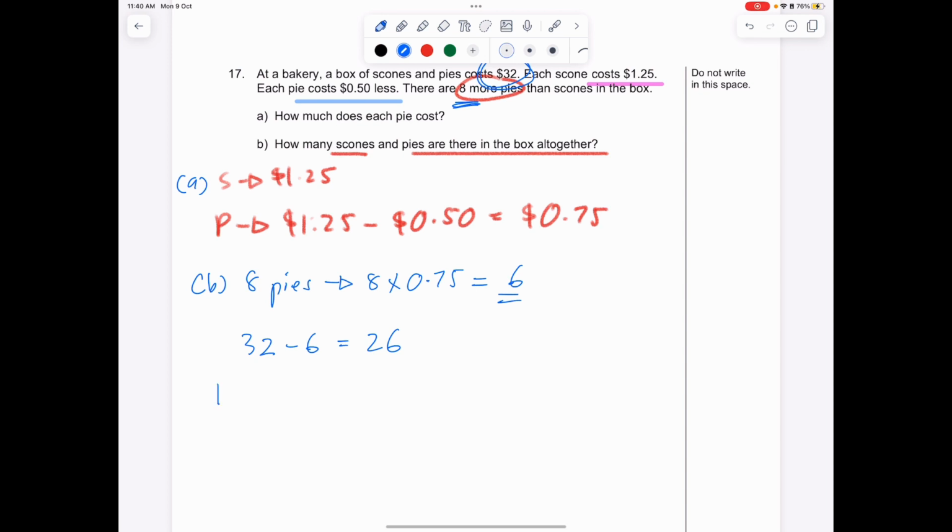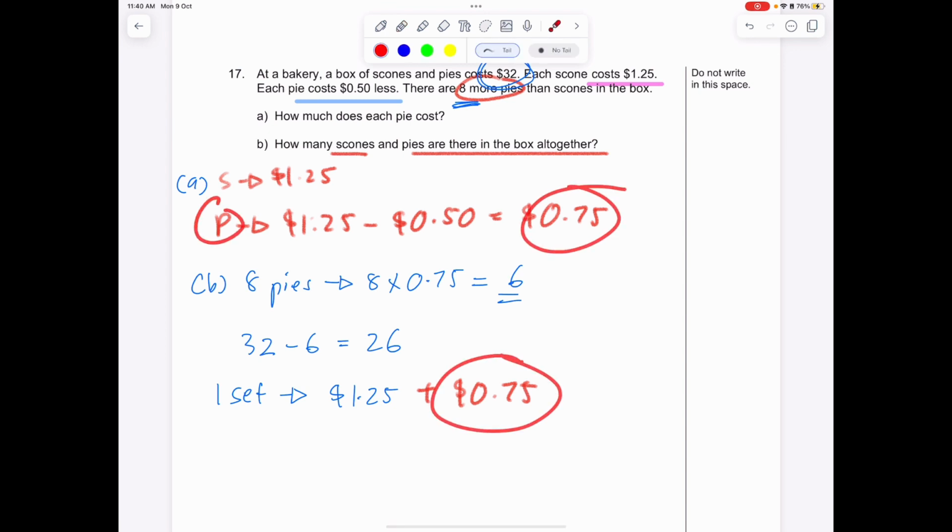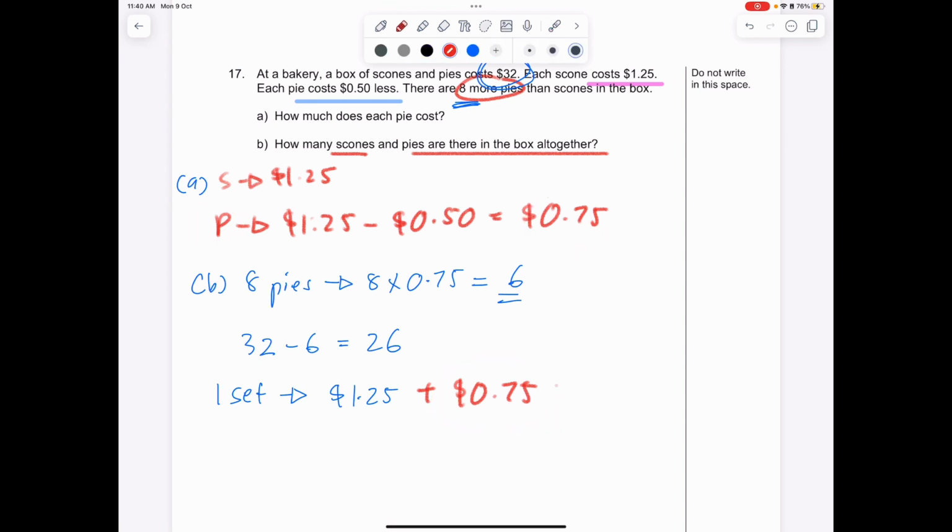So now I want to find out one set of 1 scone and 1 pie costs how much. So 1 scone costs $1.25. Where did I get this from? From here. Plus 1 pie. Where did I get this from? Here. See? So then my answer for one set is actually $2.